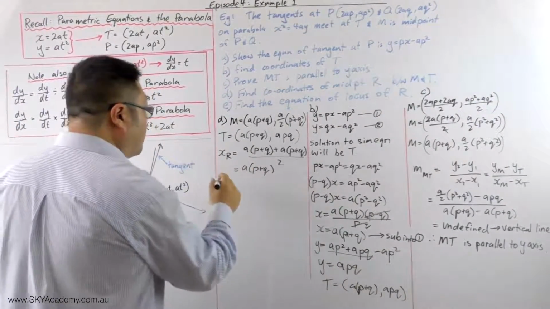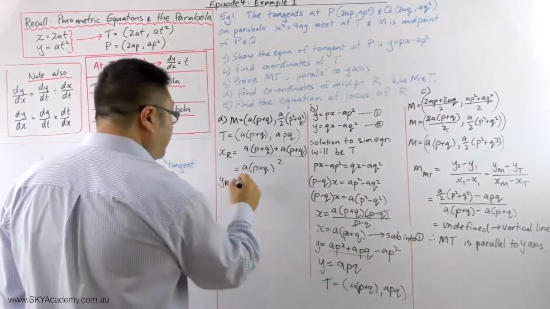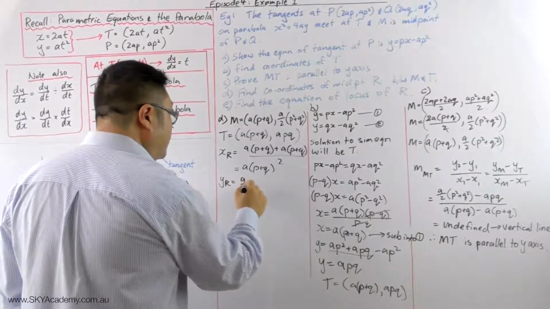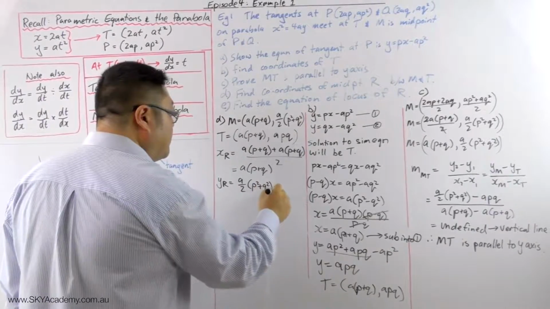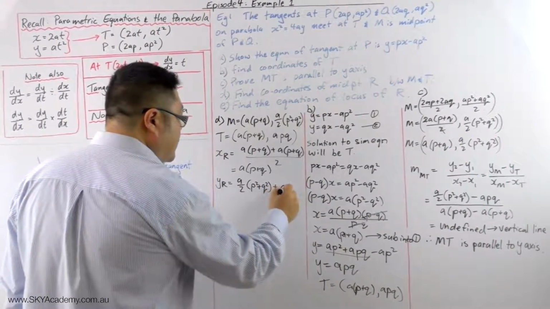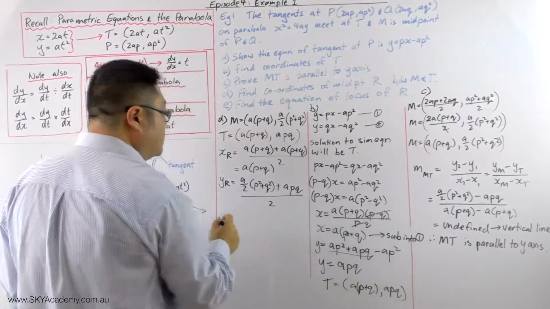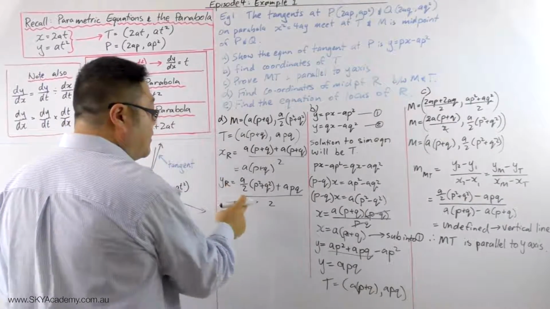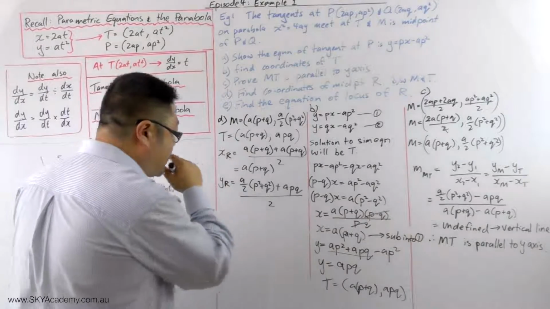Now, let's have a look at what the y coordinates of R do. The y coordinates of R are a outside of 2p squared plus q squared plus the y coordinate of T, which is apq, and all of that over 2 will give you the y coordinate of R, which is the midpoint, right? Now, here's what I want you to notice.